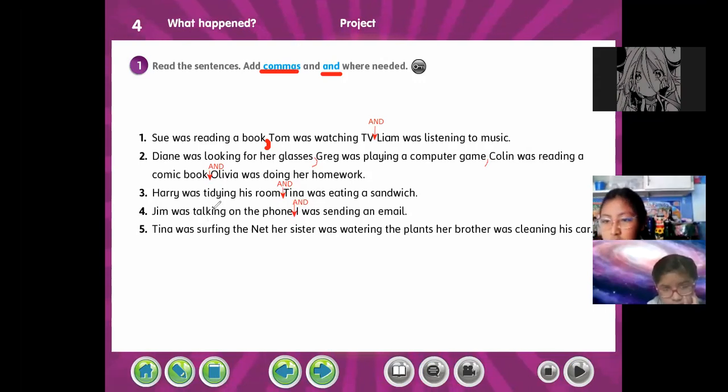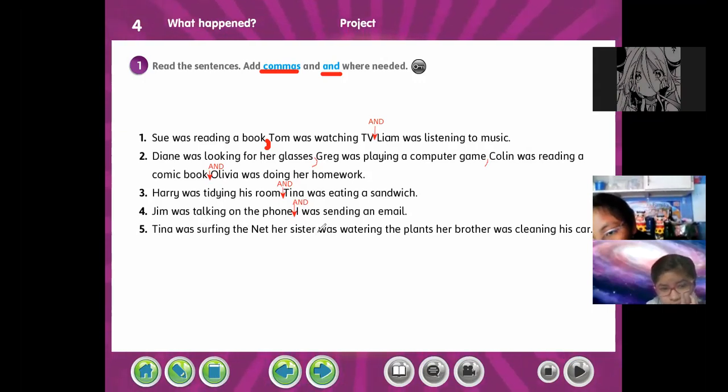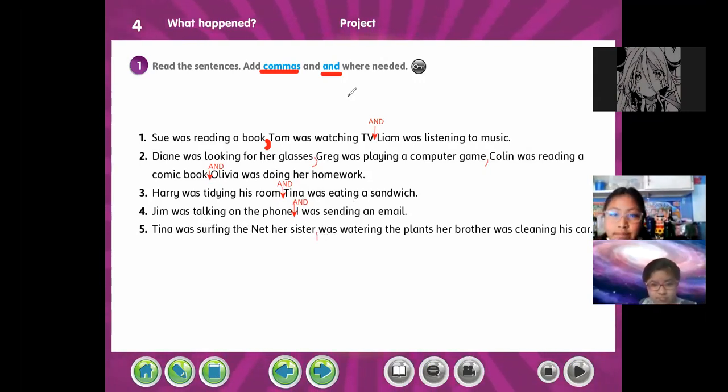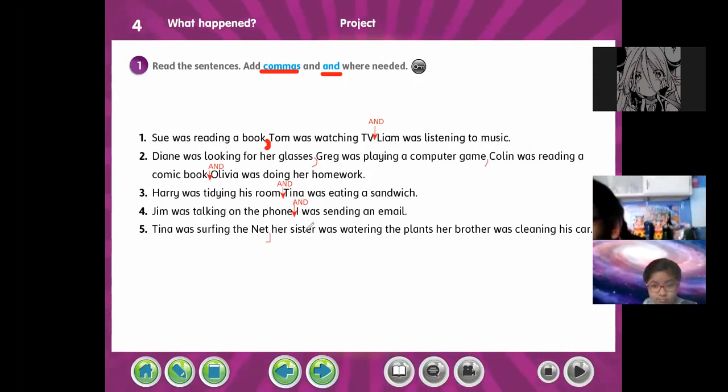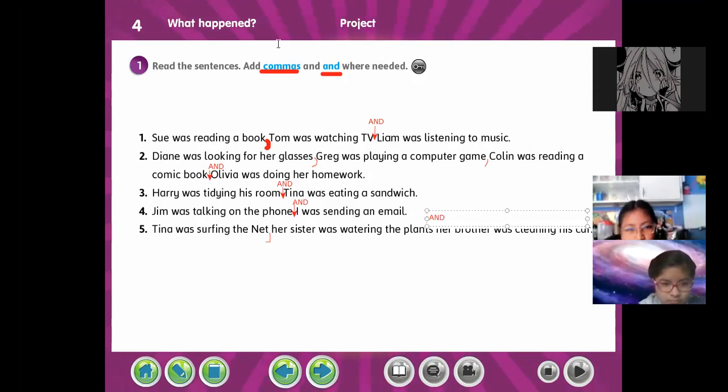Tina was surfing the net, comma, her sister was watering the plants, and his brother was cleaning his. Yeah, that is good. Thank you.